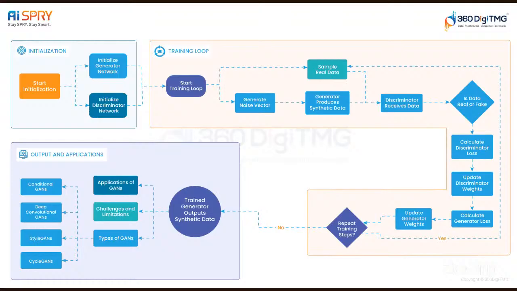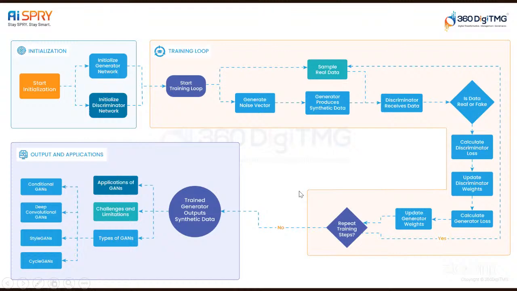Then we have understood the training process, how and when we will stop this process. We have understood the applications, the different challenges, and that there are multiple variants of GAN.